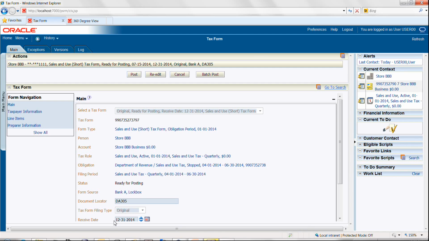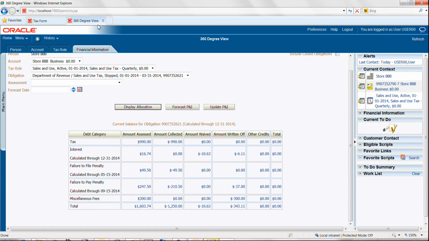In our case, we're going to do that by, again, looking at our example, the store BBB, where we have been dealing with the quarterly tax roll and looking at the first quarter. As we have been using this obligation throughout, if you remember, we now have the balance at zero because we have written off the excess debt.